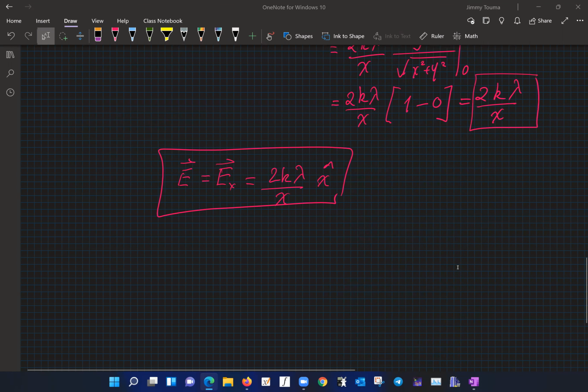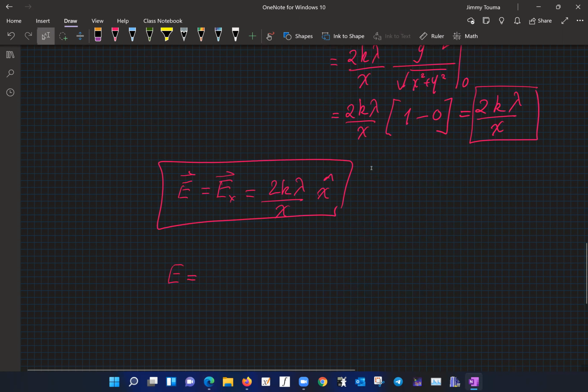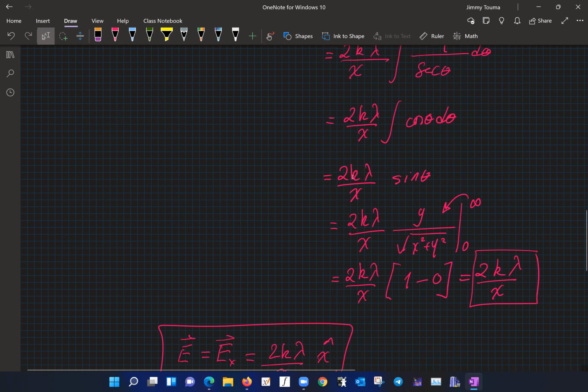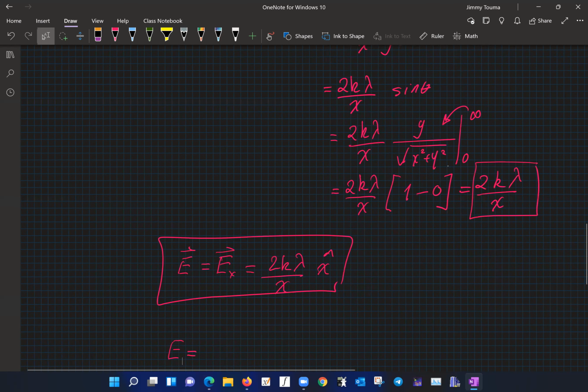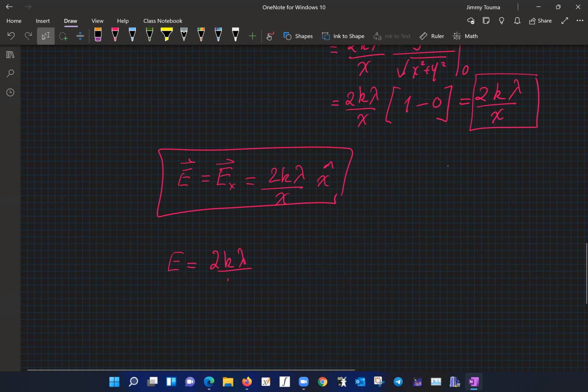So basically we can write E according to that formula as 2k lambda over x sine theta from 0 to infinity in the x and in the y, right? But those limits will not work for this. So basically I need to change these limits.